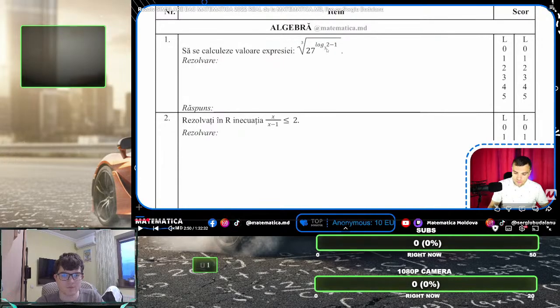Log base 3, 2 minus 1 right there. It's gonna be log base 3 of 1. So we work with the powers. It's gonna be something like 3, I don't know, we'll see.